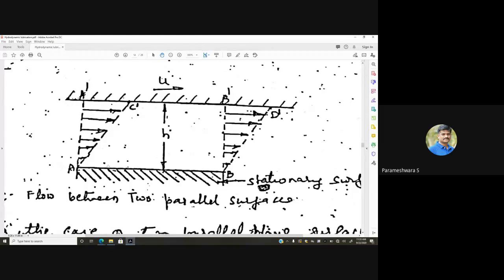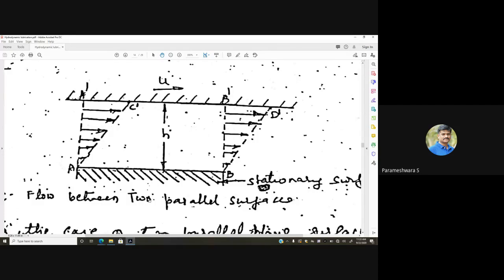So now we shall see how this pressure is distributed with this condition. Consider the case of two parallel plane surfaces with an oil film between them. Let the upper plate A dash B dash be moving with velocity u in the direction shown, and let AB be the stationary one.